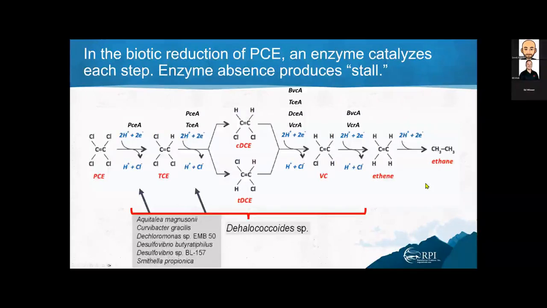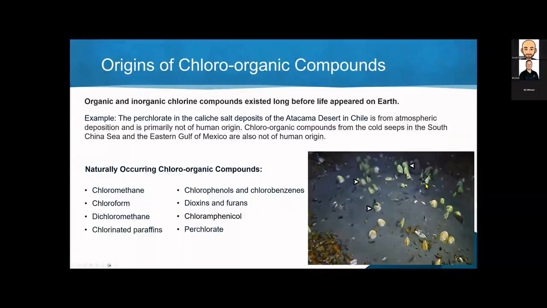So let's think about chlorinated compounds. Where did they come from? Are they only man-made? Reductive dehalogenation itself is probably an old process that existed long before the Earth appeared. You can see perchlorate in the caliche salt deposits of the Atacama Desert in Chile.